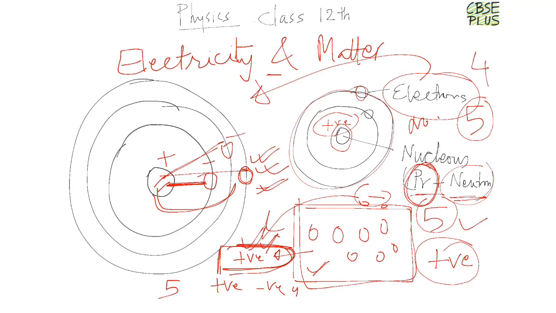Now only 4 electrons are left. It means 5 positive charges and only 4 negative charges, so there is one extra positive charge. That's why the whole atom becomes positively charged, and it is called an ion.